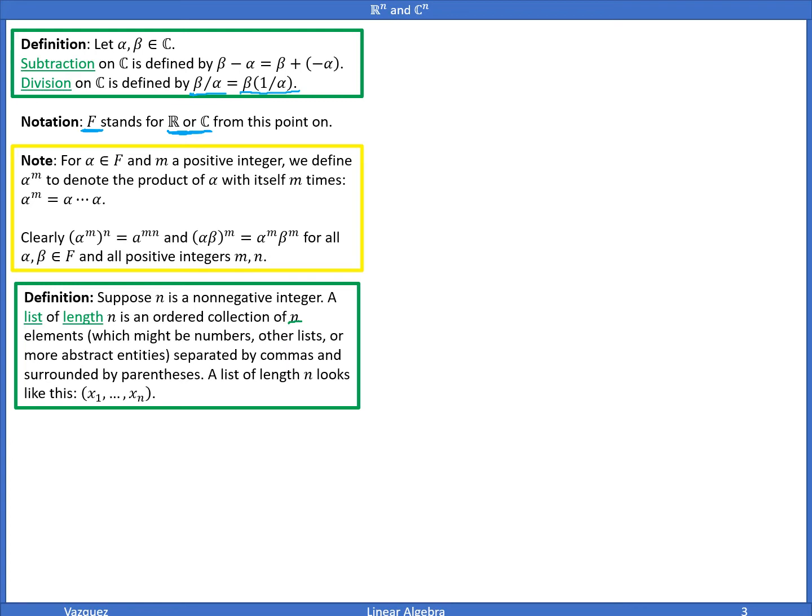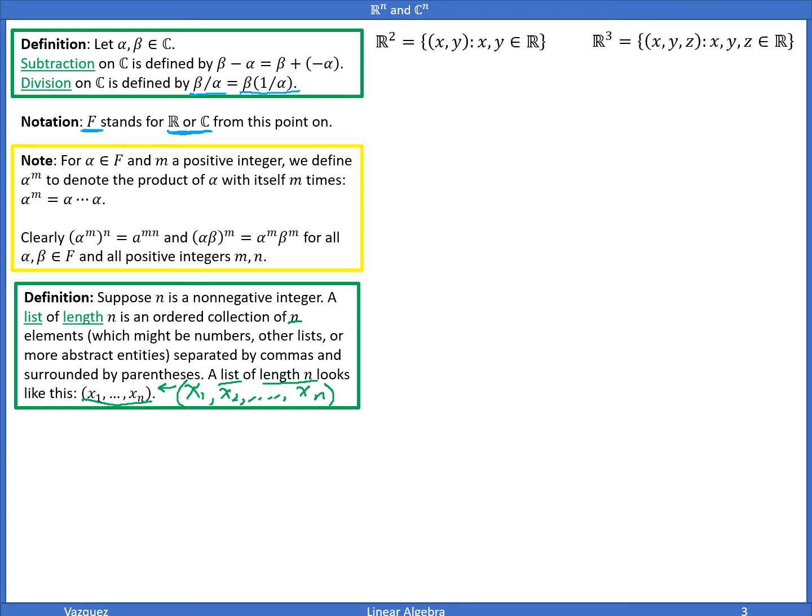But these are separated by commas and surrounded by parentheses. So a list of length n looks like this: x1, comma, x2, comma, all the way to xn, with parentheses. That's our list of length n.